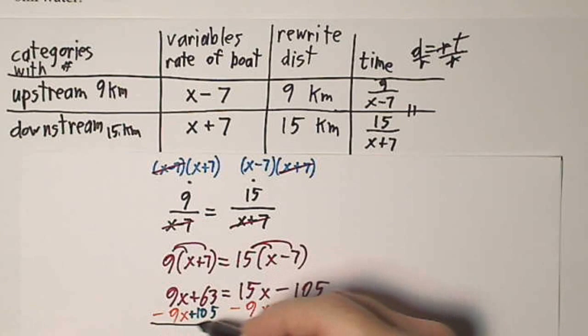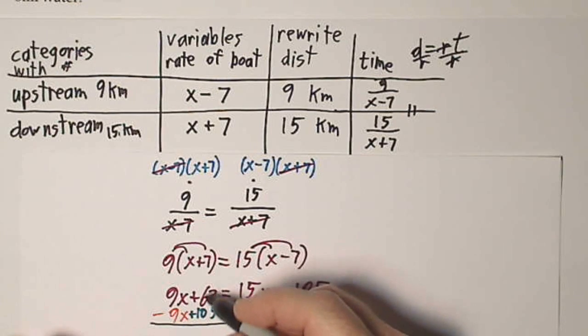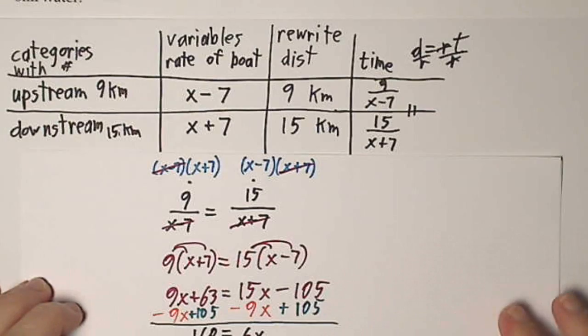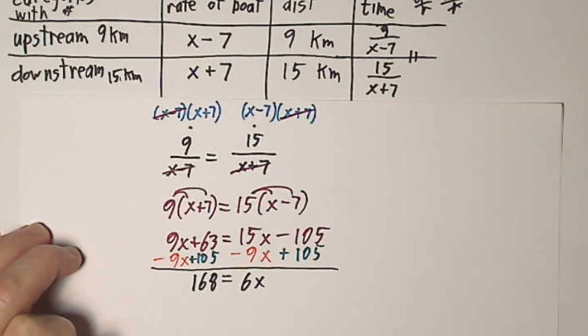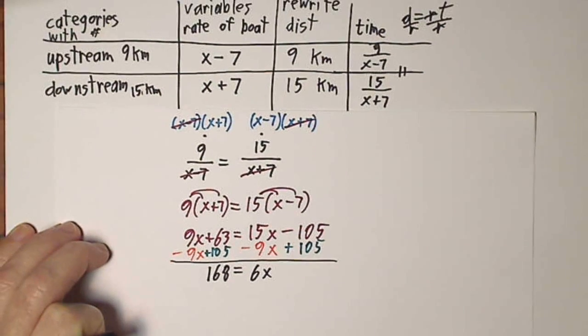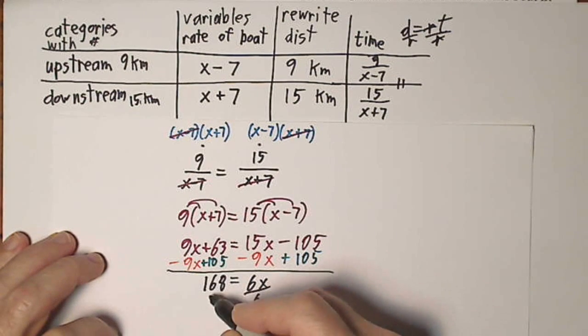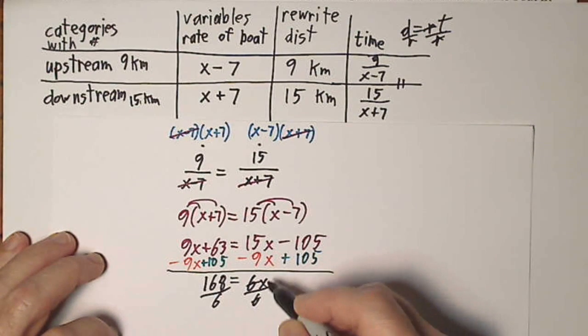And let's see what we get. 63, 105, that's 168. And here we have 6x. So divide by 6, divide by 6.